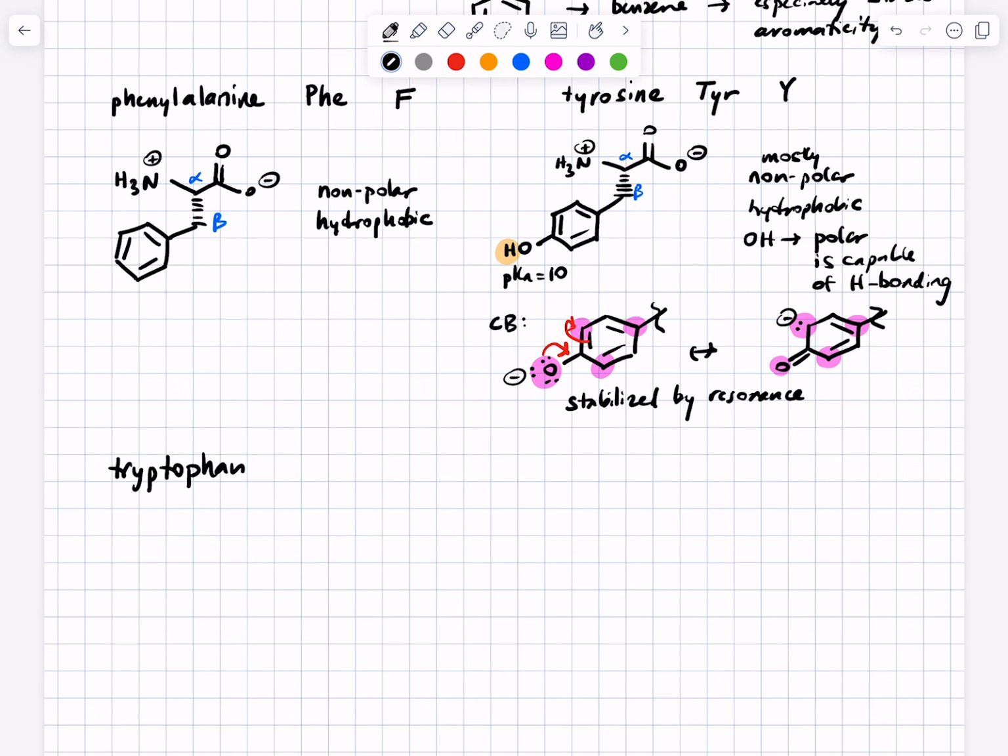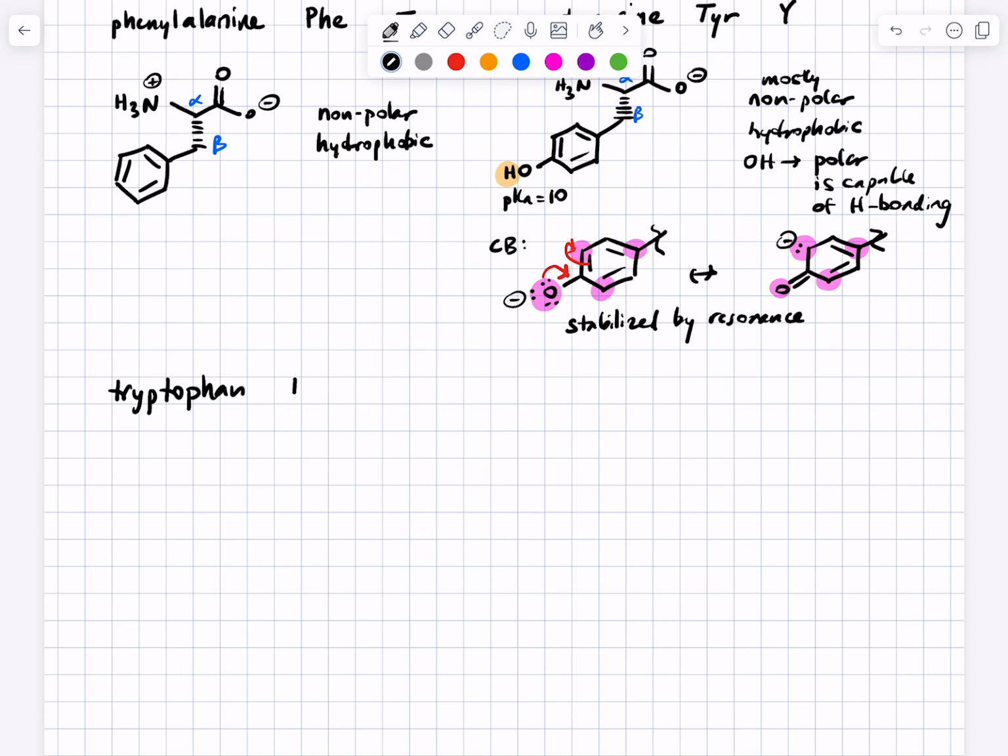You probably heard that before. I don't know what the evidence for that is. Tryptophan is a precursor to the neurotransmitter serotonin. We'll talk about its biosynthesis next time. The three-letter code for tryptophan is TRP, trip, makes sense.